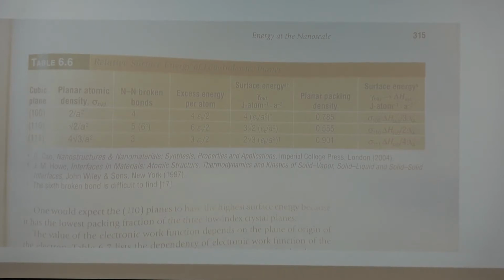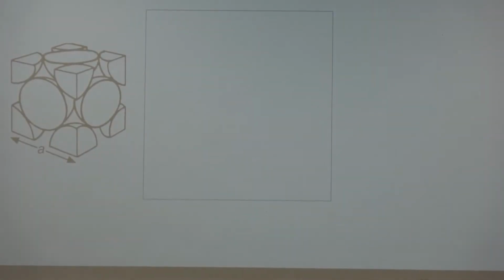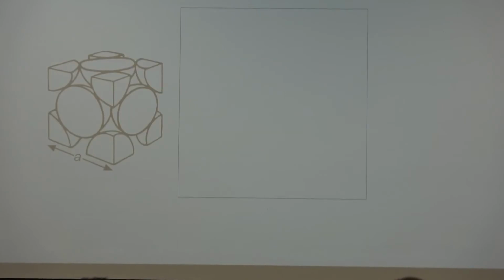Let's try it again for the next plane. Okay, how many atoms do we have in that plane? First of all, what's the plane look like? The 1, 1, 0. Diagonal, kind of all, right?